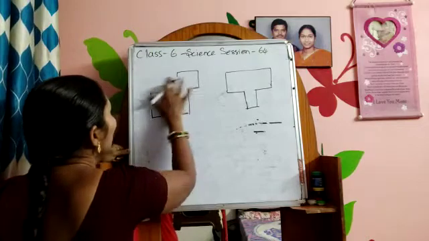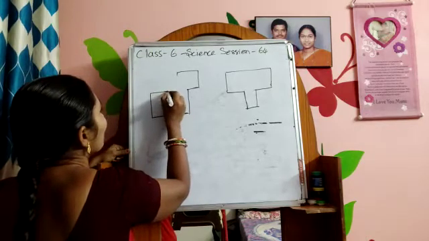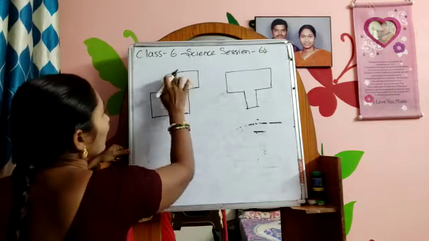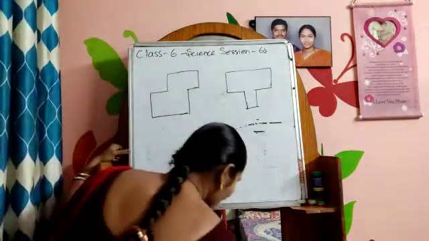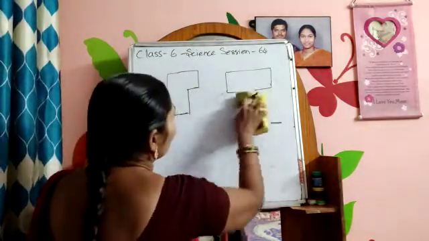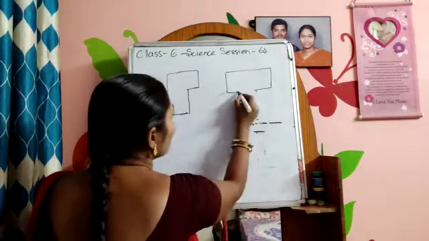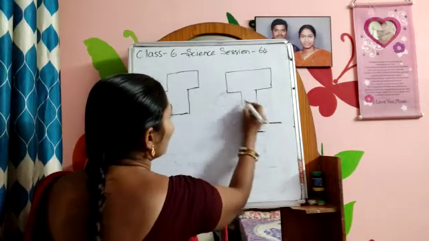So both are different shapes, right? Now how can you say that this is bigger and this is smaller? We cannot say just by looking. We have to measure it.